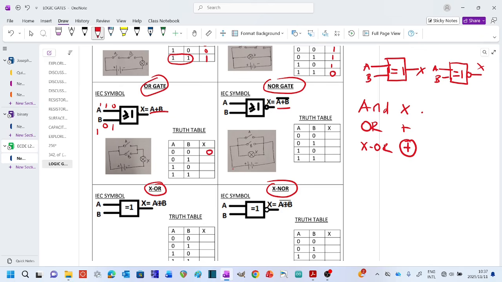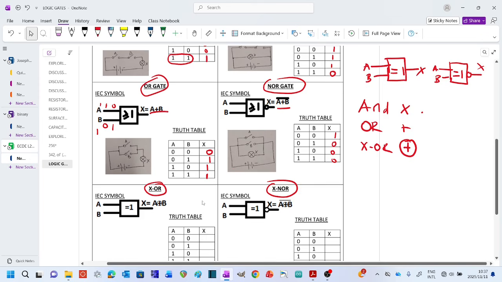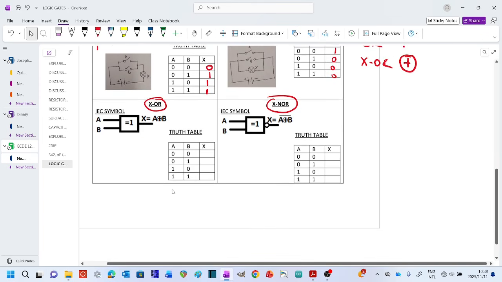If A or B has a logic 1, it's a 1. If both of them have a logic 1, it's also 1. The NOR is going to be the opposite: everywhere you obtained a 0, it's going to be a 1, and the rest is going to be 0. That's how it works. Now, XOR. What does XOR mean?